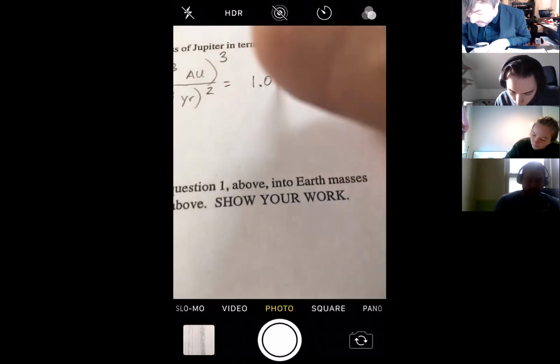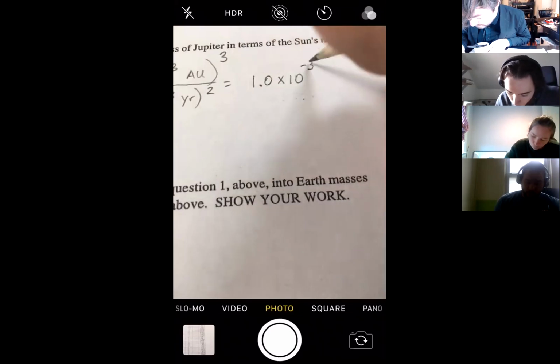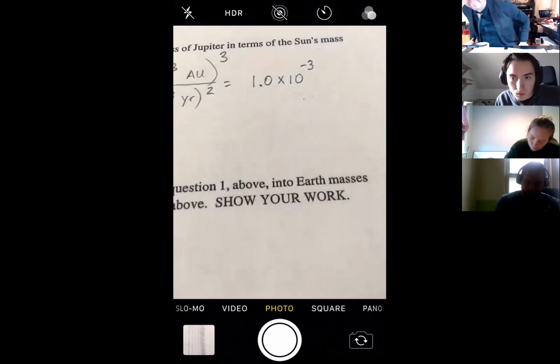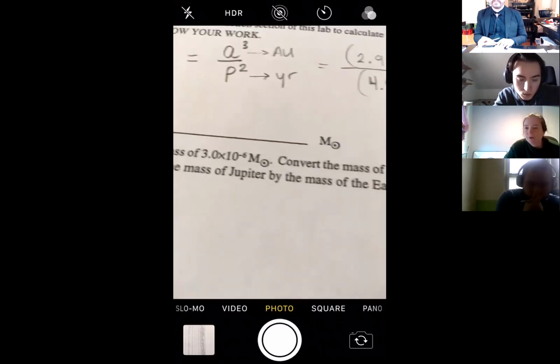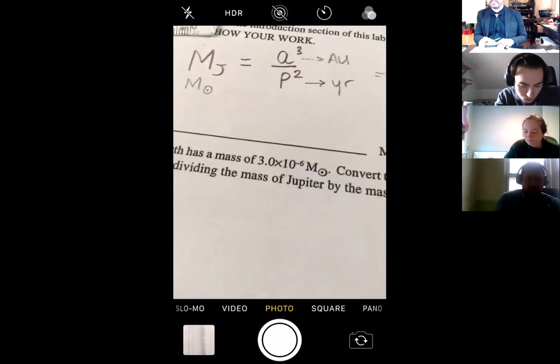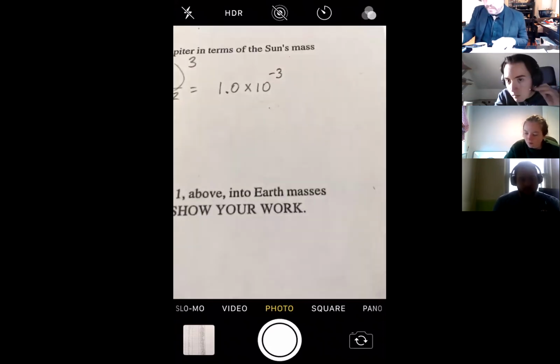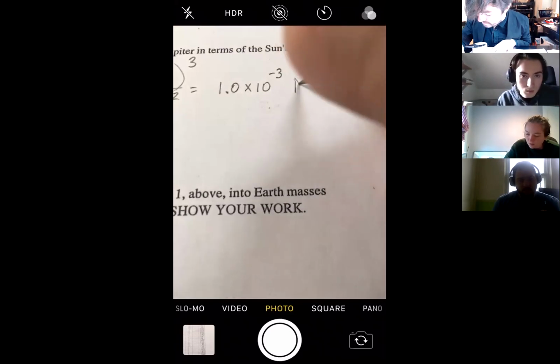Do you guys remember what the units are for this? Solar mass. That's right. Does that number make sense for the mass of Jupiter?